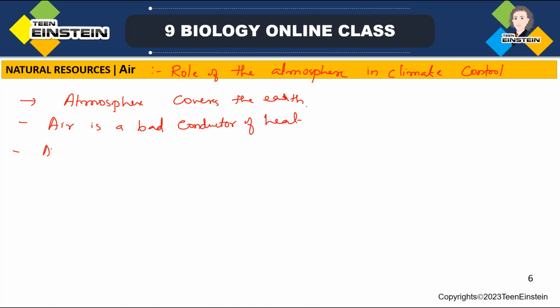So the atmosphere keeps the average temperature of the earth almost in a steady state during the day and during the course of the whole year.